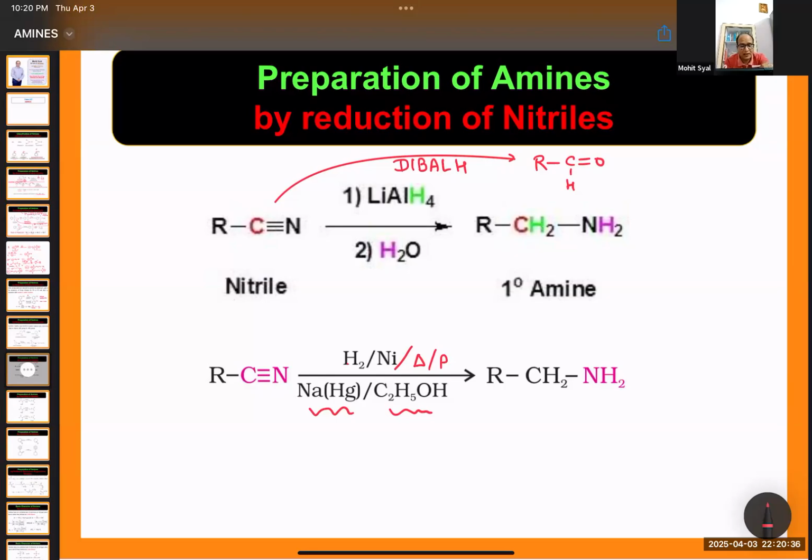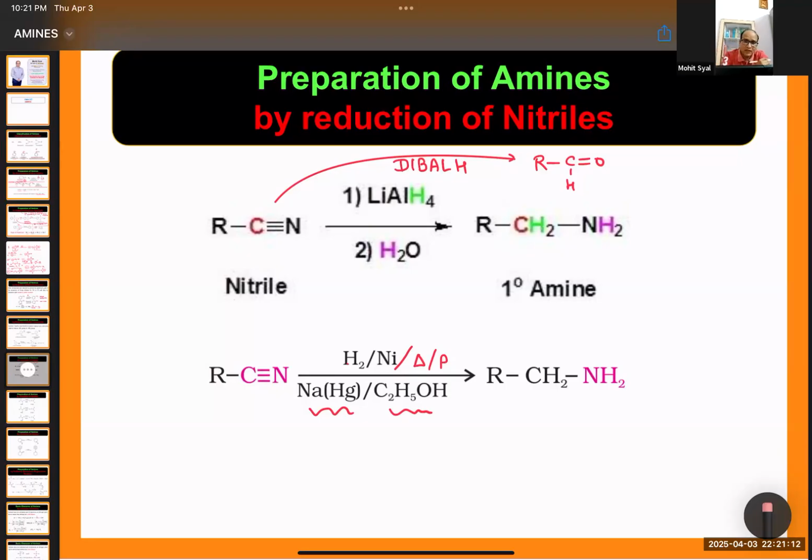So nitrile is actually very important as far as conversions are concerned. We have seen nitrile, you can convert it to carboxylic acid. We have seen in the earlier chapter where you can hydrolyze the nitrile with excess of H+/H2O, you are going to get COOH. With DIBAL-H, you will do the partial reduction and you will end up with aldehyde.